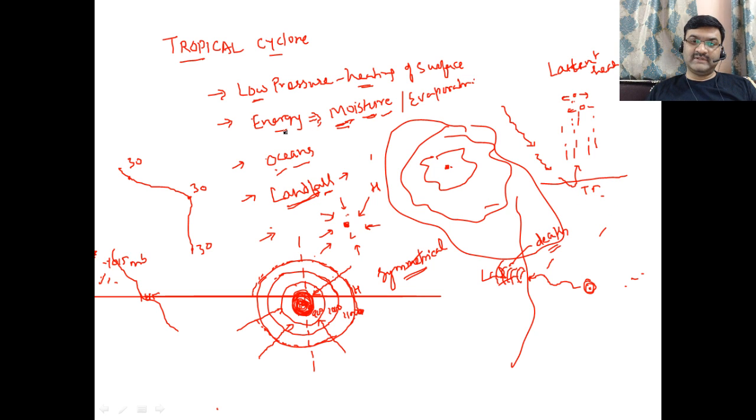Moisture. If moisture is more, energy also will be more. Moisture depends on evaporation and evaporation depends on insolation and insolation is more in summer. Okay? That is why we are experiencing more cyclones in summer. Okay, summer, because it is related to rate of evaporation.